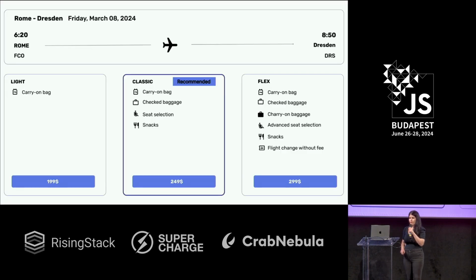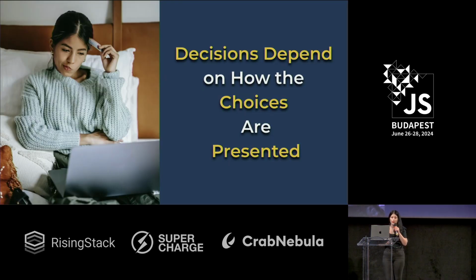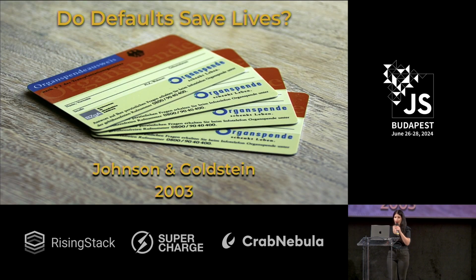Okay? Like this. And another thing I want to talk about is the decisions and the choices we offer our user. This is really relevant if you implement a settings page in your app or in your product. Why is that? A study conducted by Johnson and Goldstein back in 2003 found that there is a difference between people saying that they want to be an organ donor and actually becoming one.